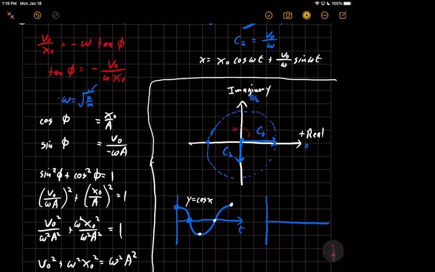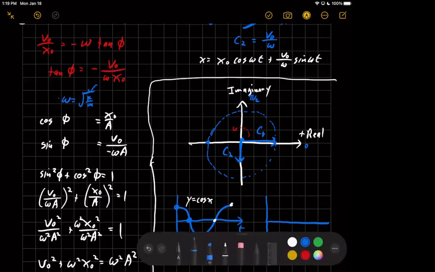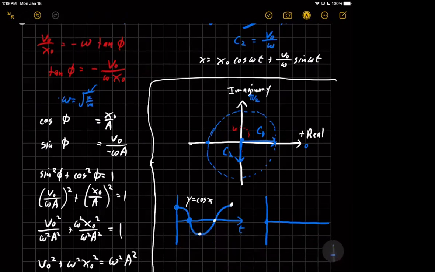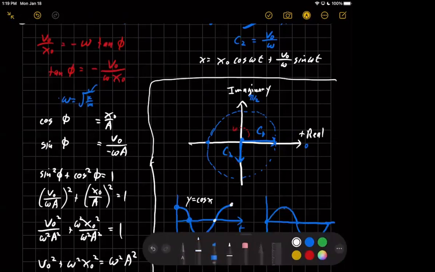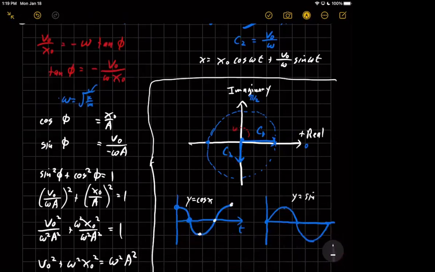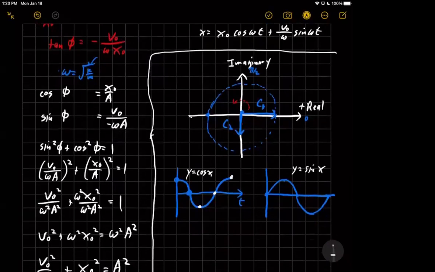If we rotate counterclockwise, C2 would start out completely imaginary, so we wouldn't see it, but it's rotating to be positive and real. Then it will become imaginary again, then negative and real, and then go back to being completely imaginary. So the phasor pointing straight down, rotating in the real imaginary plane, would in fact be the same as having a sine function. That's why we show it pointing downward.